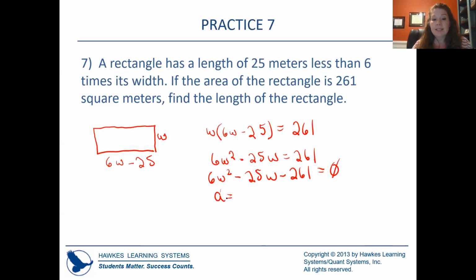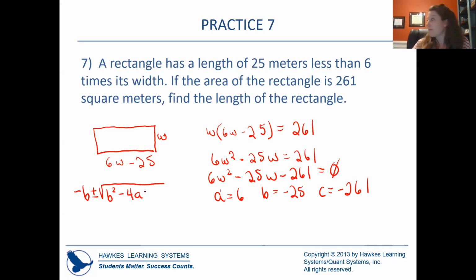So our A is 6, our B is negative 25, and our C is negative 261. We're going to use the quadratic formula. So we got negative B plus and minus the square root of B squared minus 4AC all over 2A.